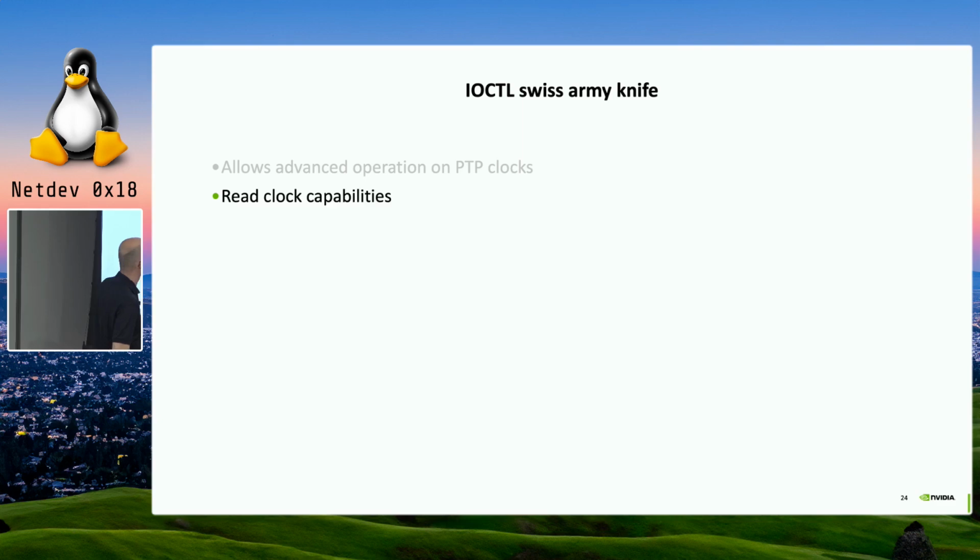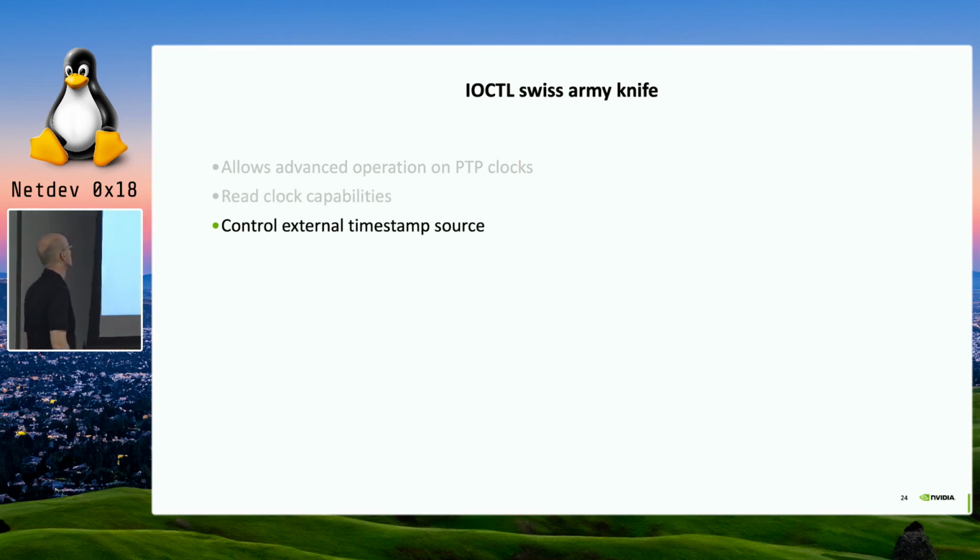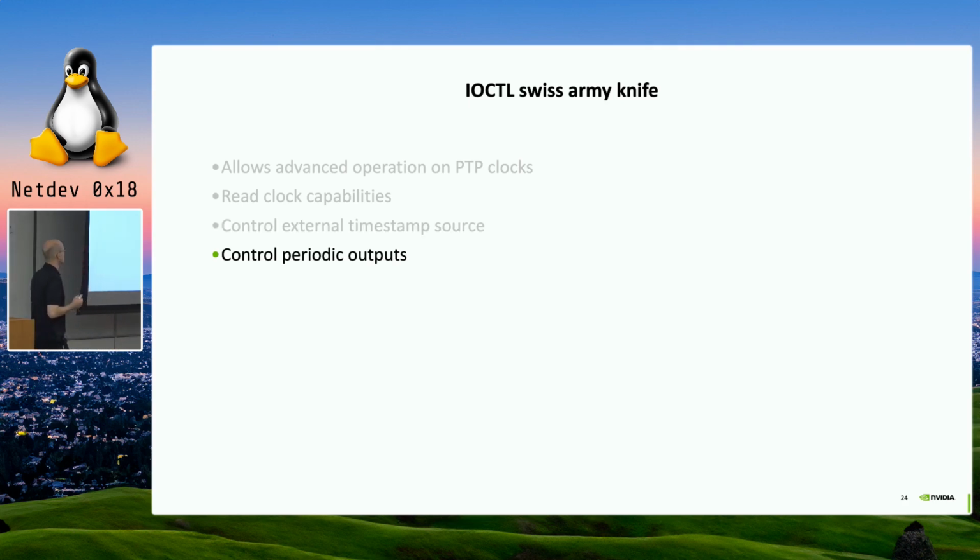They read the clock capabilities, or they control external timestamp sources. Think of it as an external signal that needs to align your clock. They control periodic outputs, so the other way around, your clock will generate the PPS signal.